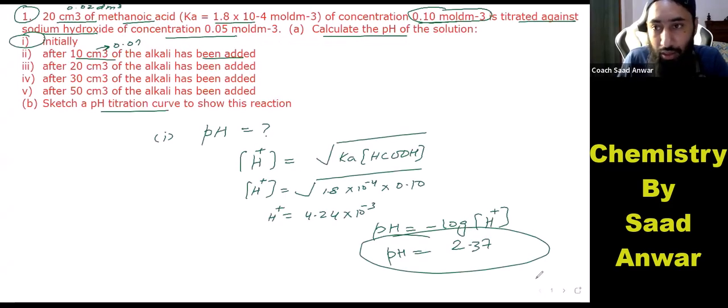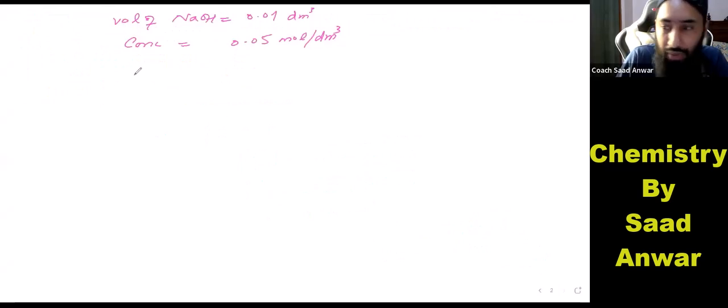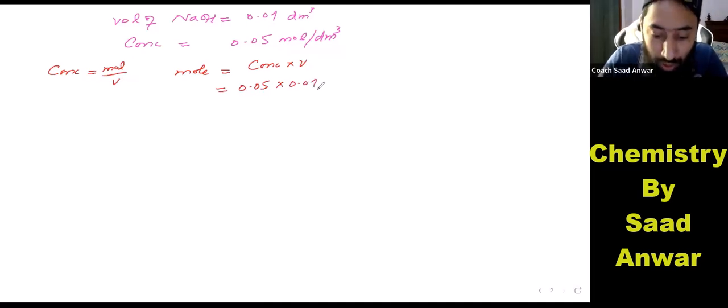Can I find moles? Yes, you know, concentration is equal to moles over volume, so moles will be equal to concentration times volume. Concentration is 0.05, volume is 0.01.